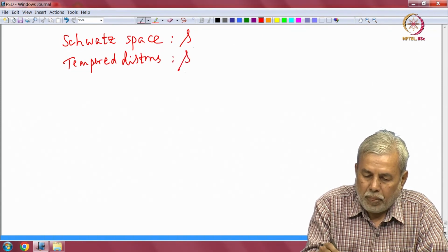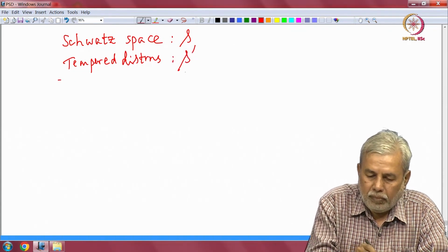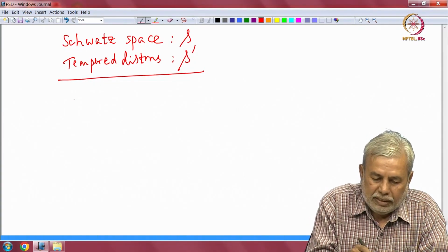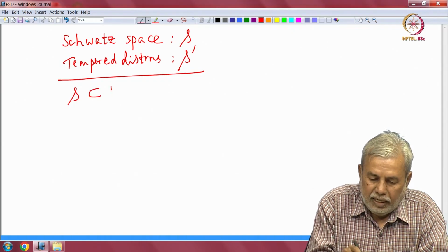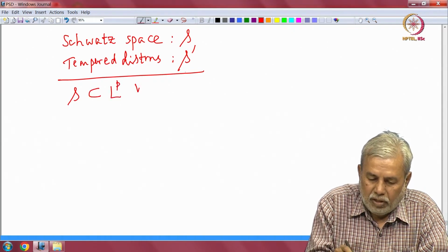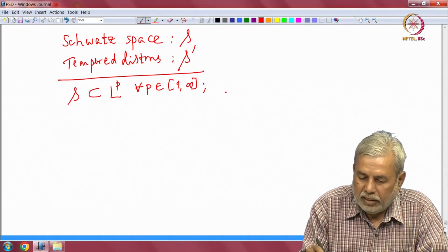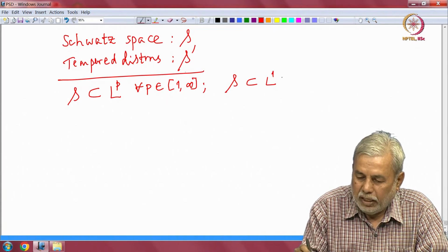We have all seen that this is contained in L^p for all p in [1, infinity]. So in particular, S is in L1 intersection L2.